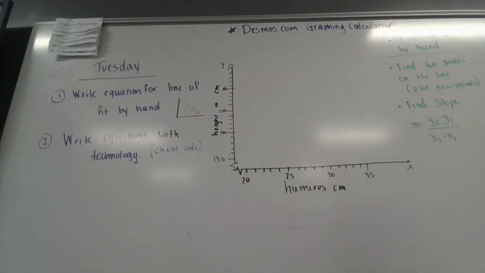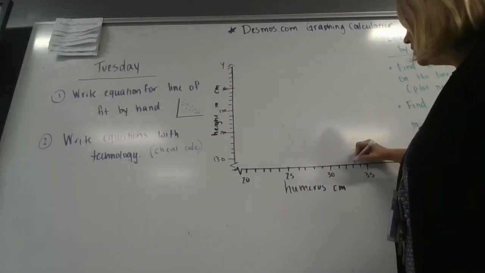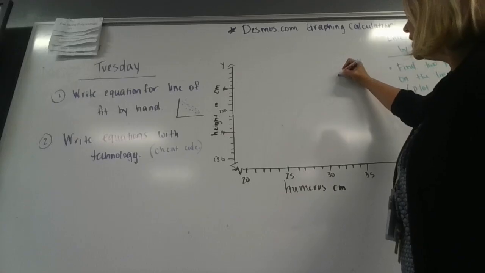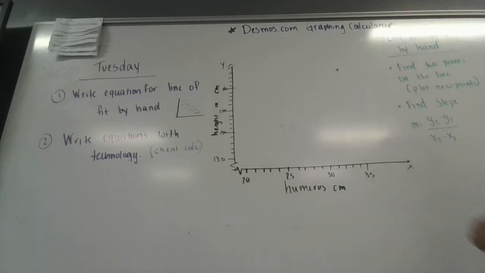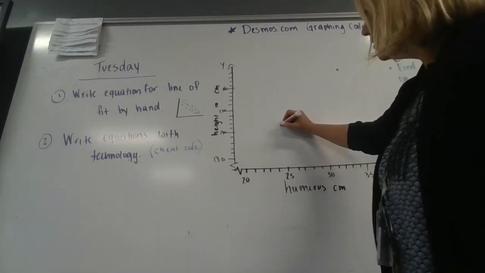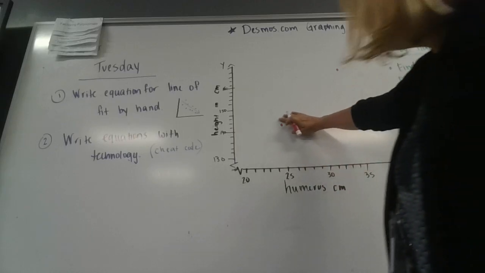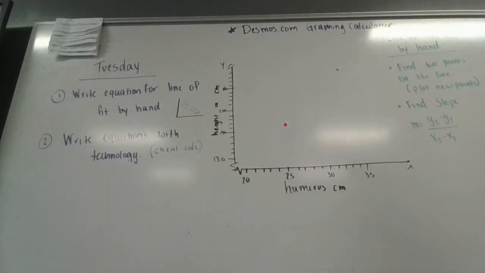All right, our first ordered pair, 33, 166. Way up here. First data point. Second one, 25, 142. That's not that good. I've done this today 3 times.